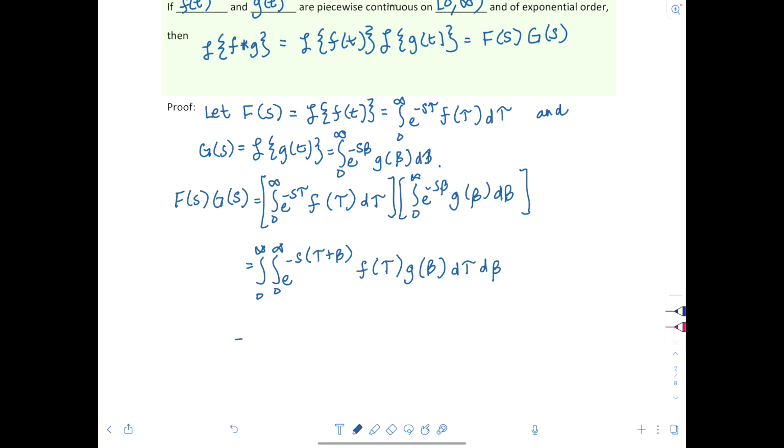But that in turn is equal to the integral from 0 to infinity. Now, if I'm just looking at integrating with respect to beta, I can do a little trick here. I can take out the f of tau d tau, and then I'll have the integral from 0 to infinity of e to the negative s times tau plus beta, times g of beta d beta.